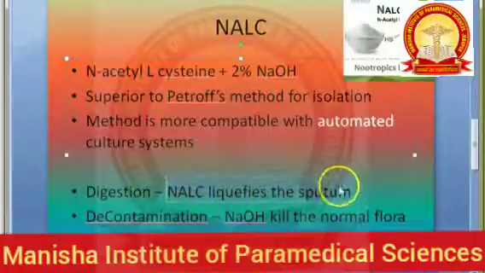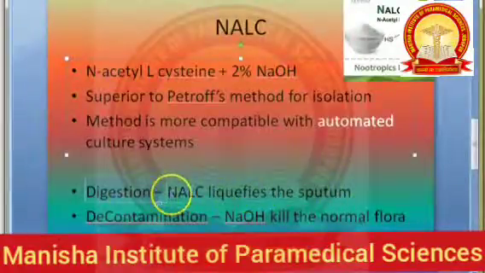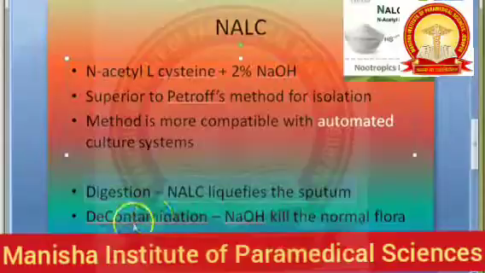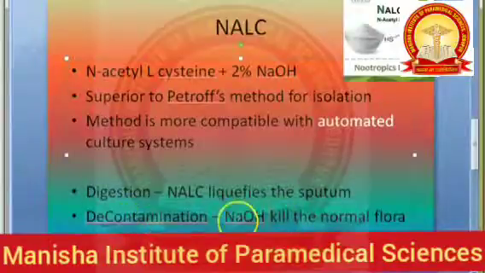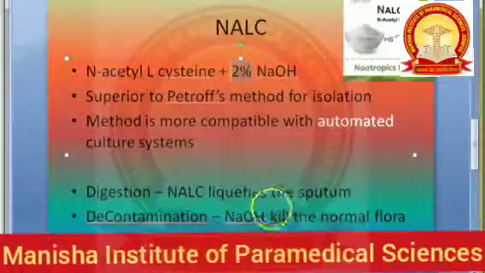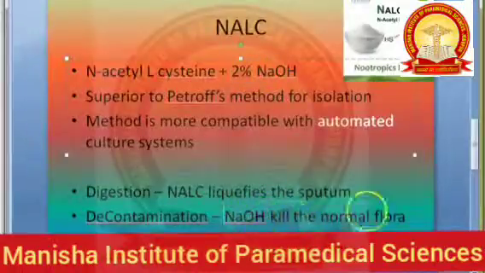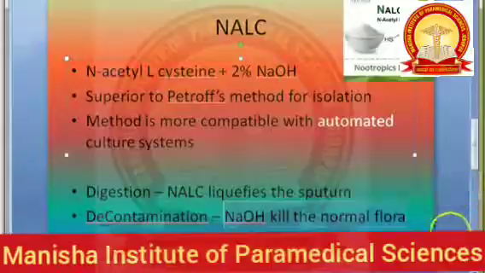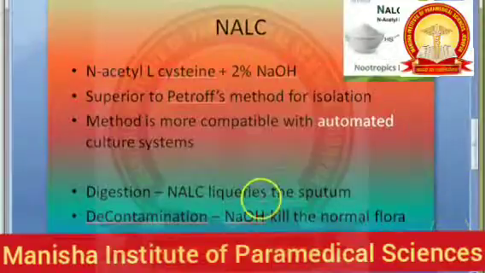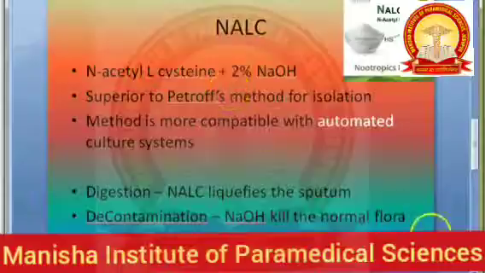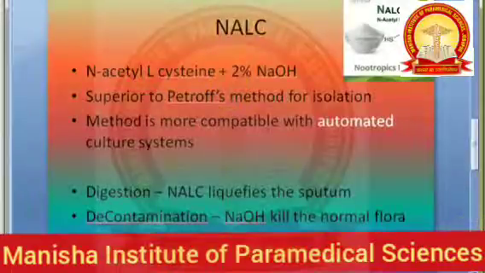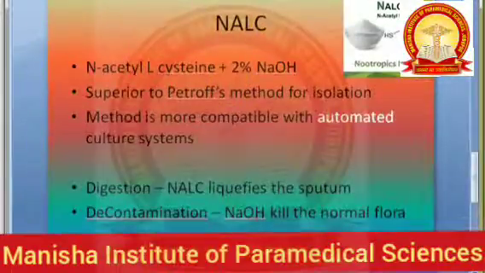NALC itself liquefies the sputum, so the digestion process happens there. Decontamination is because of the 2% NaOH. You are using only 2% NaOH here. Please pay attention. 2% NaOH kills the normal flora. Probably that's the reason they are not going to use acid, because it is only 2% NaOH, so they probably don't need to neutralize it.